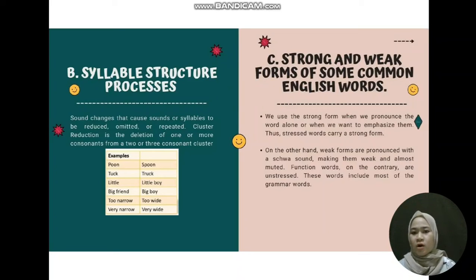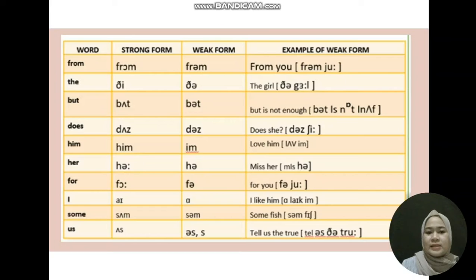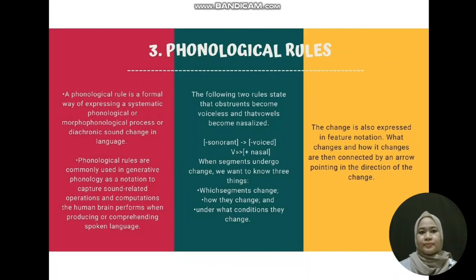See strong and weak forms of some common English words. We use the strong form when we pronounce the word alone or when we want to emphasize it. On the other hand, weak forms are pronounced with a reduced sound, making them weak, almost mute. This is the example of the strong form and weak form.